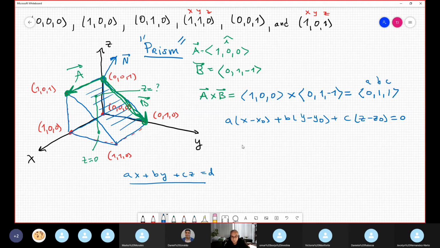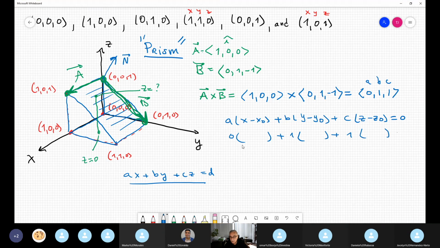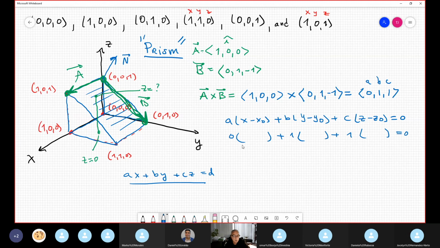So this is 0, this is 1, and this is 1. And who are x null, y null, z null? Well, it's the point that I take as a pivot, which is this point. So x minus 0, y minus 0, and z minus 1.